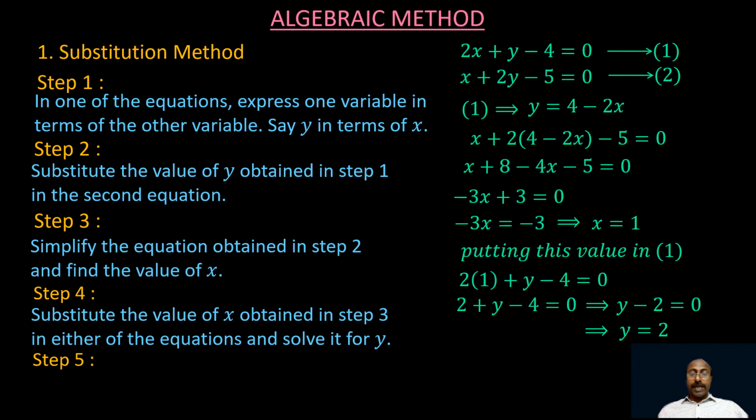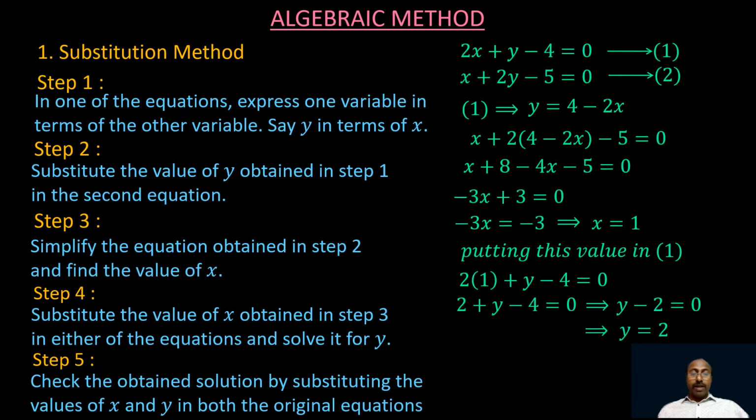And in the next step, check the obtained solution by substituting the values of x and y in both the original equations. That is, we have to check whether our solutions are right or not. So substitute x equal to 1 and y equal to 2 in both equations.